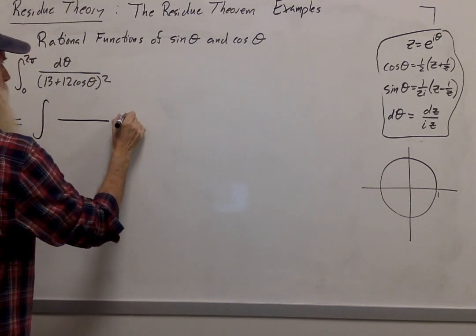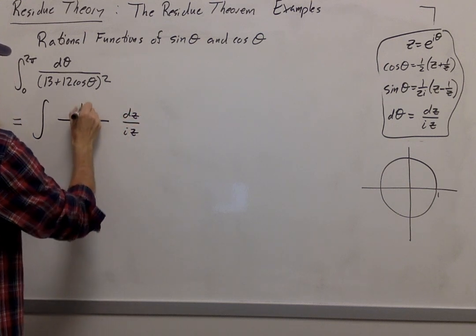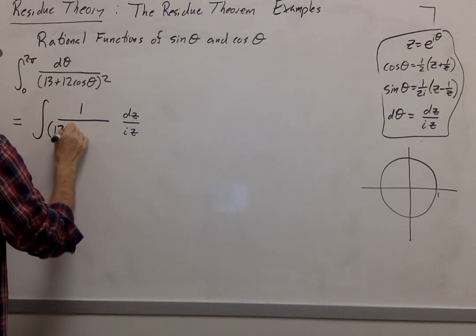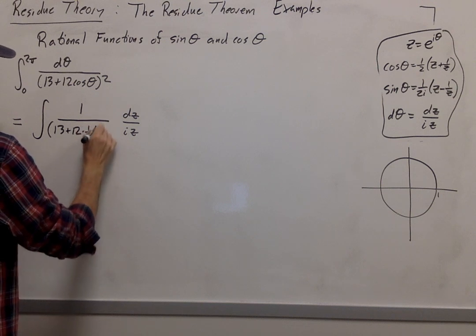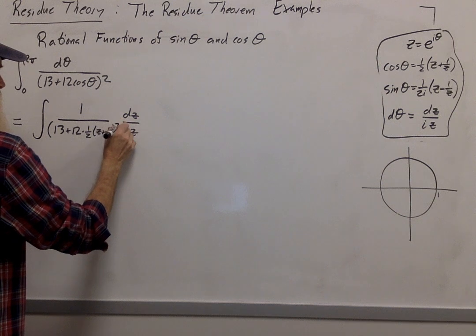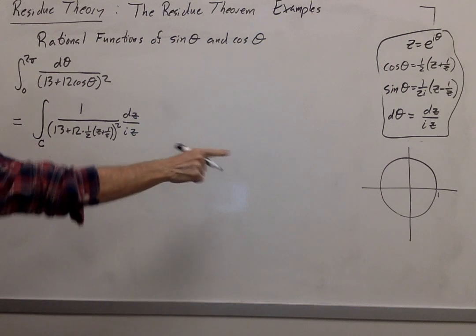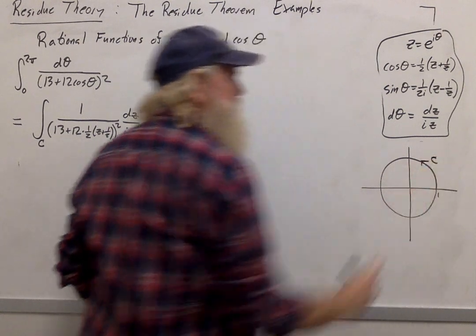So the dθ gets replaced by dz over iz, and this cosine θ gets replaced by half of z plus 1 over z. And now I'm integrating over the unit circle in the Argand plane.